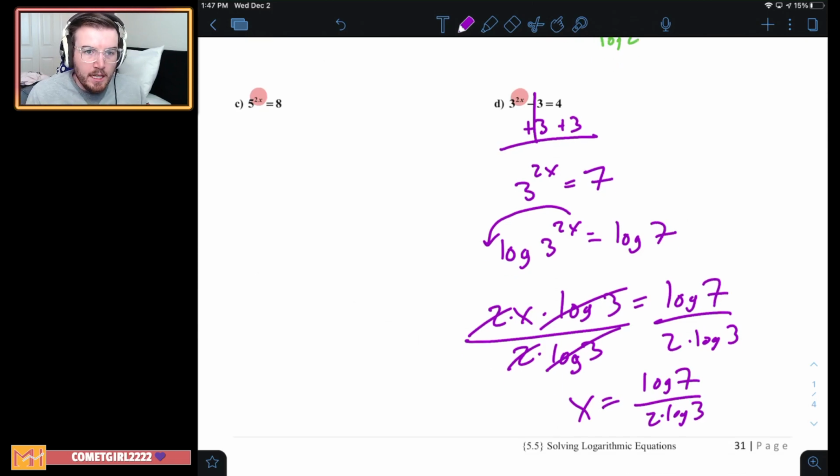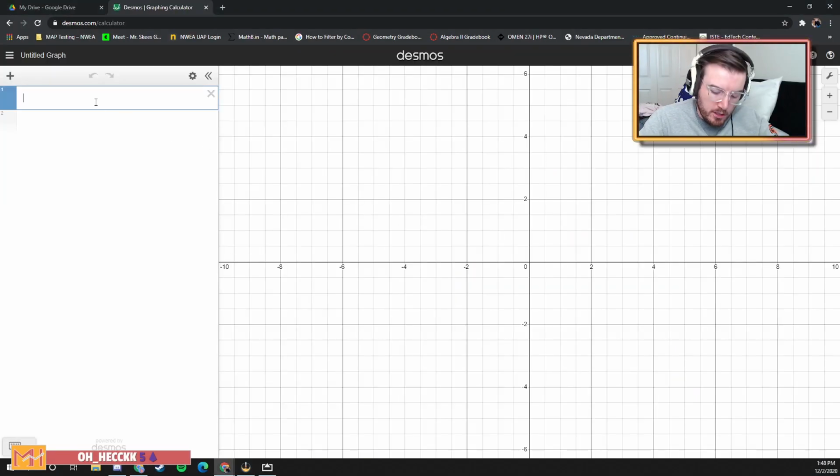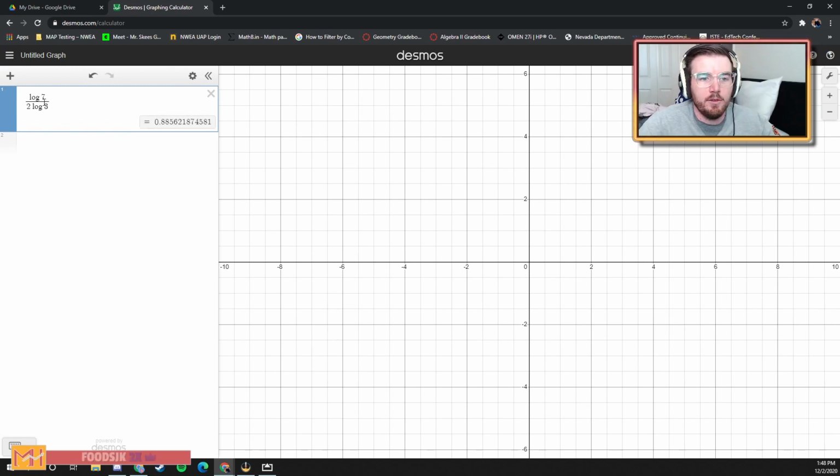There's my answer. Now, honestly, this is a moment where, you know what, let's plug it into our calculator just once, just to make sure. I need you to be careful about how you're plugging this in, right? Depending on what calculator you're using, Desmos is obviously our go-to friend here, because it displays it very nicely.